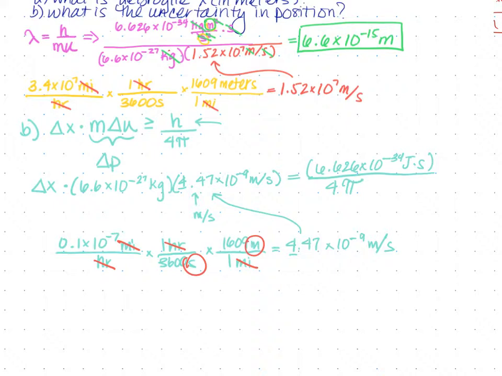So if I divide this over here, then I can get delta x, or the uncertainty in position, by itself.